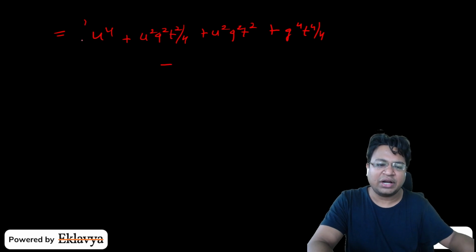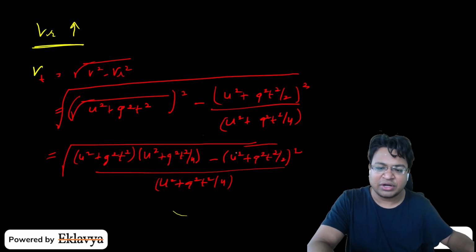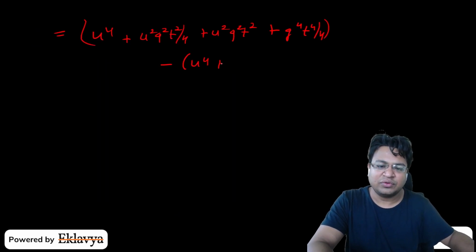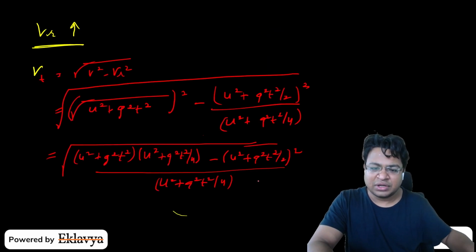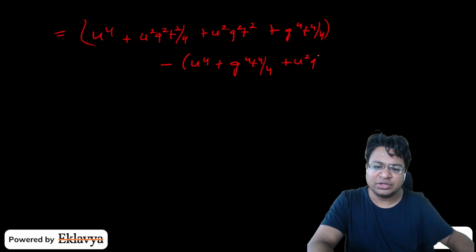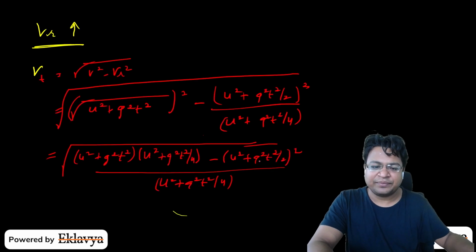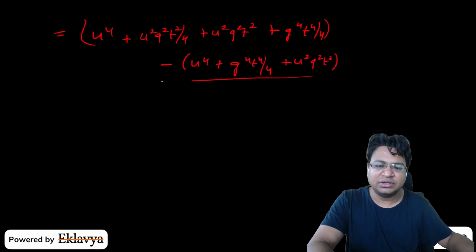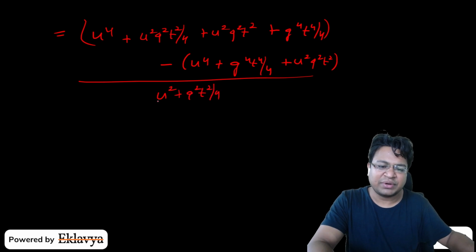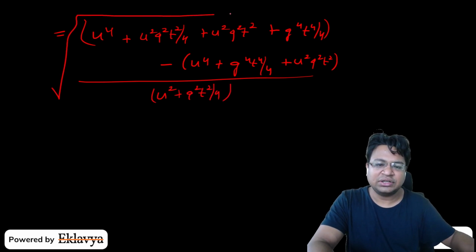Then you have to subtract from this the square of this, so the square would be u raised to power 4 plus g raised to power 4 t raised to power 4 by 4 plus u square g square t square. And this entire thing is divided by u square plus g square t square by 4, and this entire thing is in root.